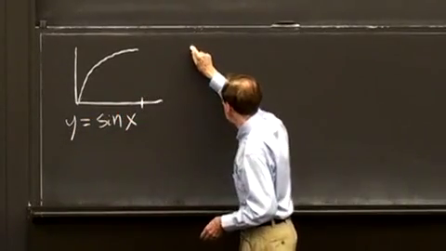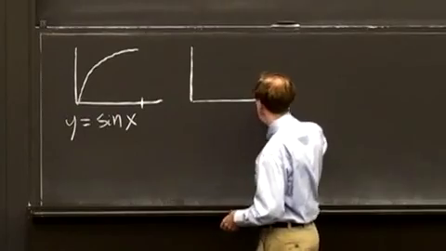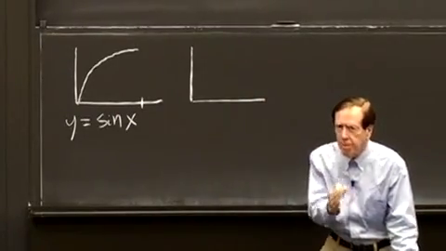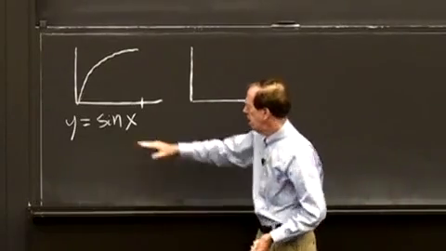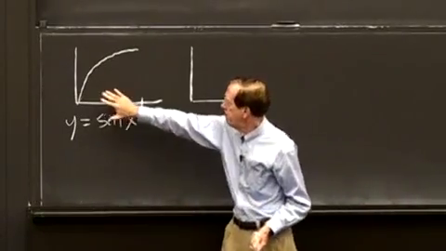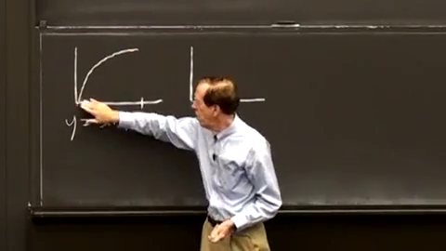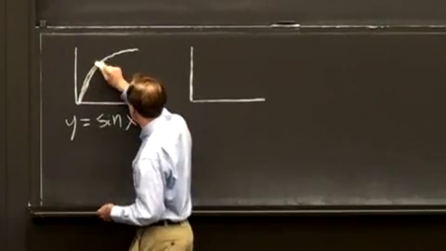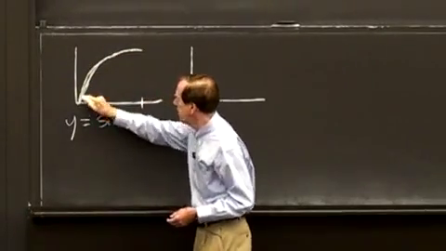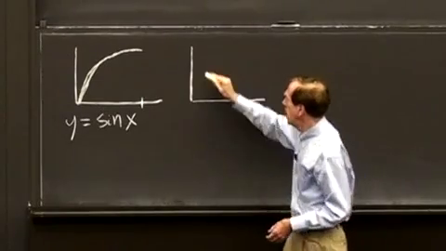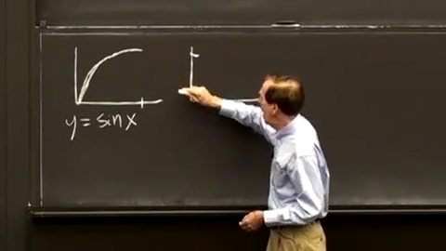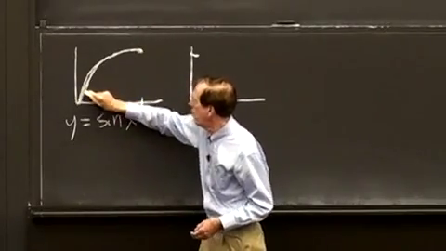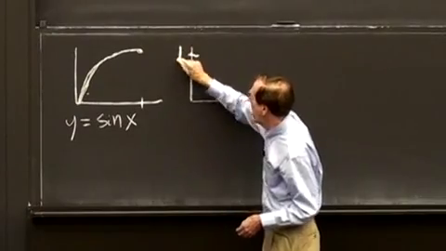What do you think about its slope? We know the derivative of sine x, but before we write it down, look at the graph. The slope is positive, right? But the slope starts out at 1. I better make it look a little more realistic. That's a slope of 1 there. The slope starts at 1, and the slope drops to a slope of 0 up there. So a slope of 1, I see here as a 1.